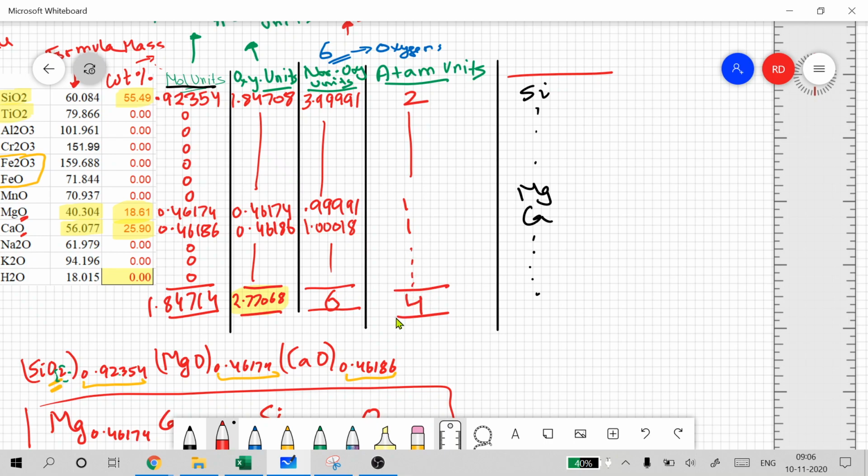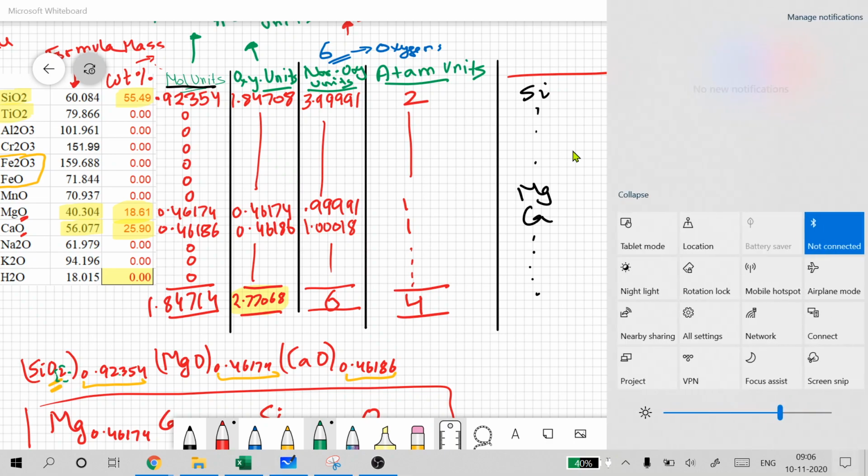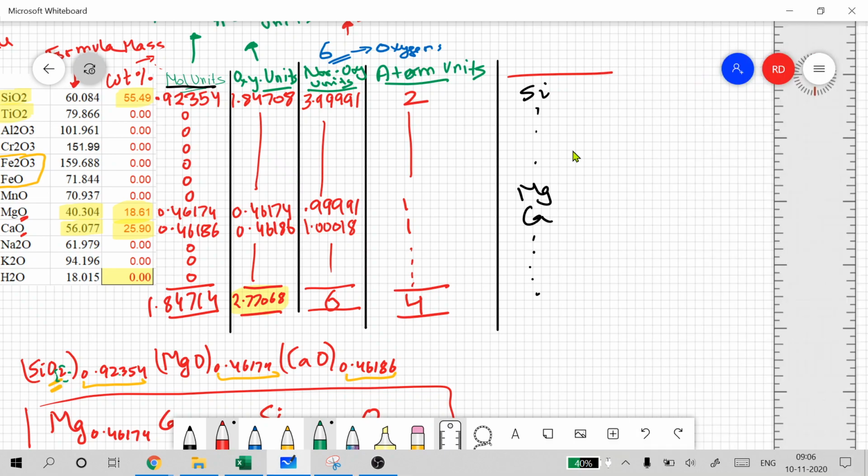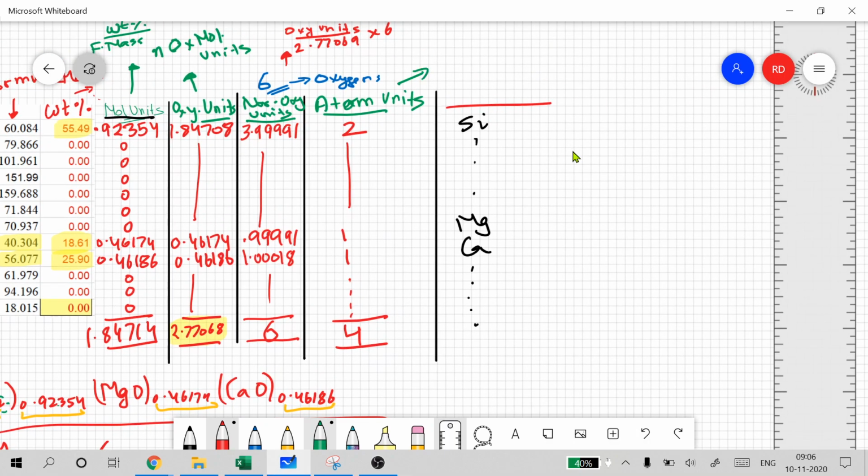So what it says is you have a total of 4 cations. If you add them all up, two of these plus one each of these, and you have total oxygen units of 6. This is the number of oxygen units. This is what we call recalculated cation compositions. There is nothing fancy here, just some algebra.